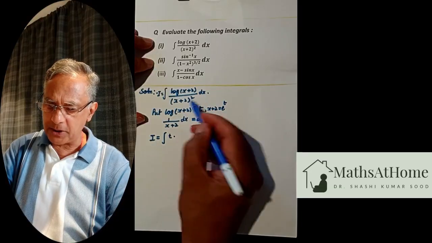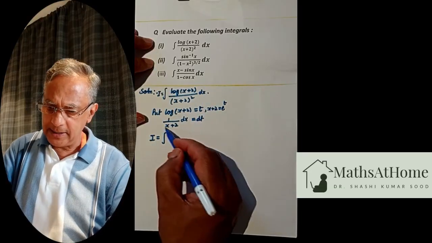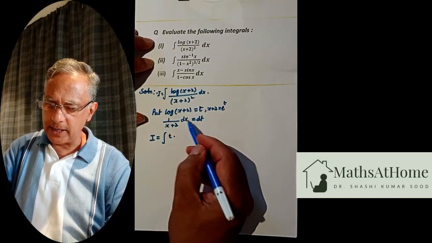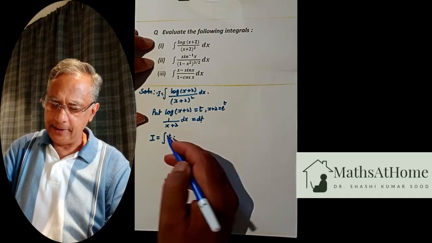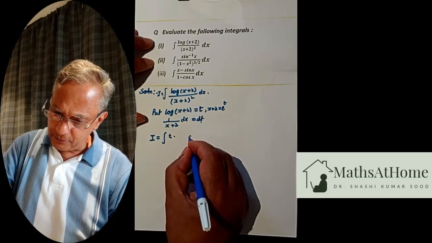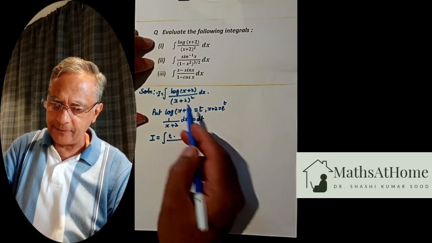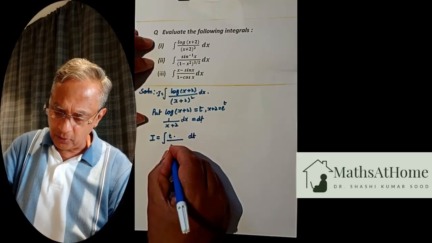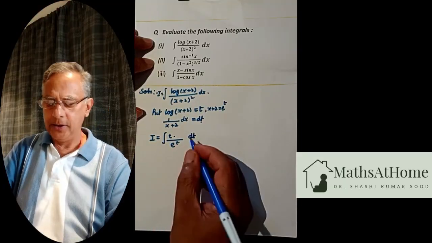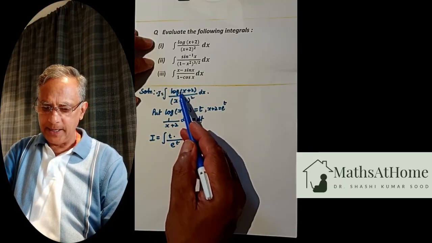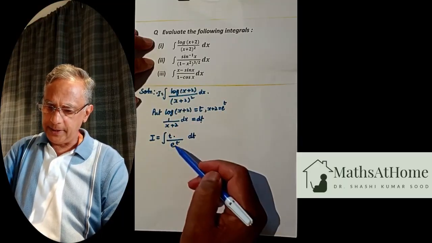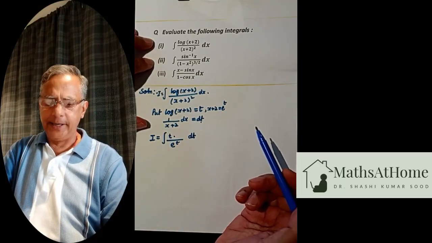So 1 x plus 2 goes in the simplification. dx over x plus 2 is dt. So the power becomes dt, and 1 x plus 2 is left. And x plus 2 is e to the power of t. So this is t over e to the power of t dt.